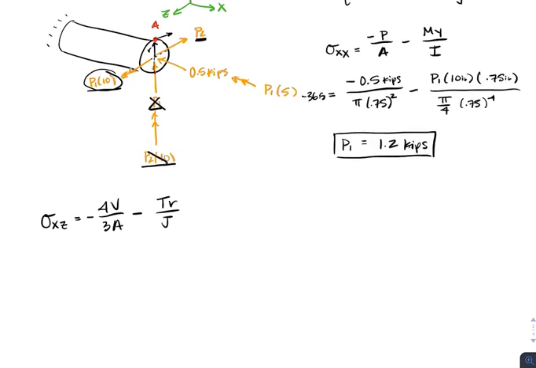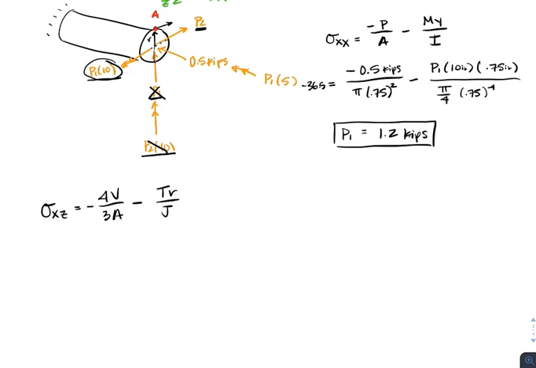So now we just go ahead and plug those values in. So we know sigma xz should be a negative 9.66. And then we have that equal to a negative 4 times V, which is our P2 force, over 3 times our area, which is pi times 0.75 squared. And then we have our torque, which in this case is P1 times 5 inches.